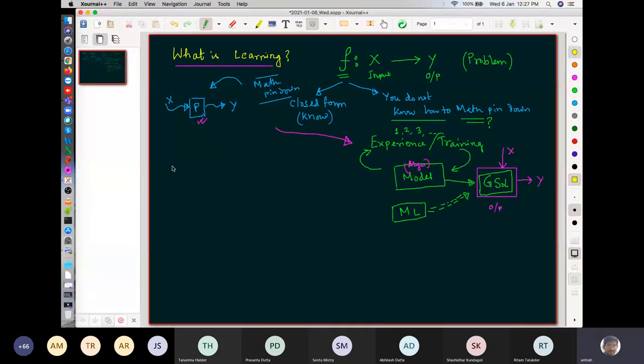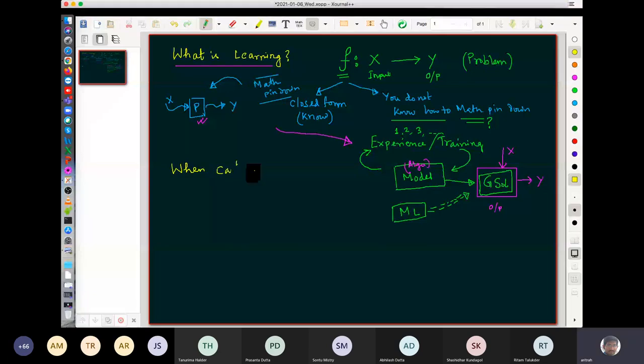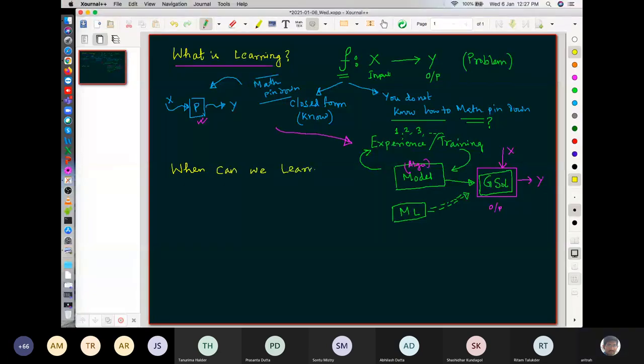Immediately the question comes: when can we learn? One, you already know the point that mathematical pin down is impossible.